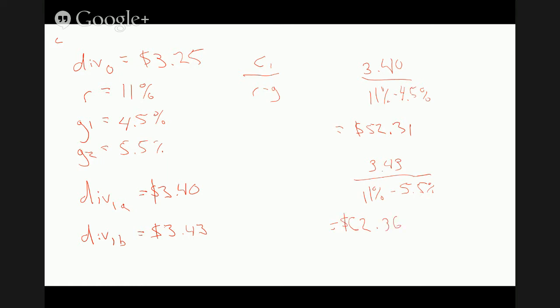So subtracting these two potential results answers the ultimate question we were asked, which is, how does this seemingly small difference impact your valuation, i.e. the price per share? So we've got two different numbers, 62.36 and 52.31. We want to see the difference, and it comes out to be something like $10.05.